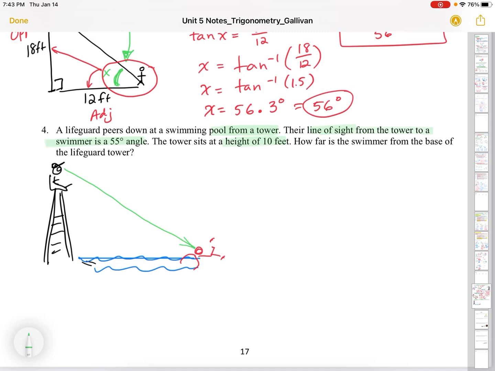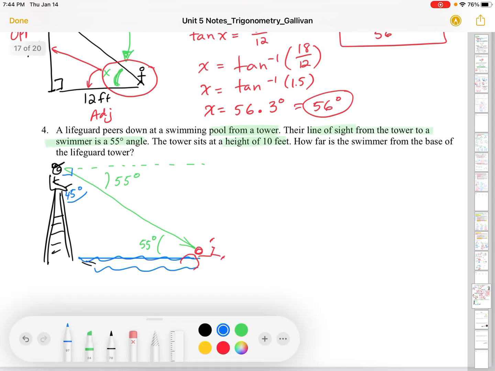Now he's looking down. So that line of sight, it's an angle of depression, so that would be 55 degrees in there. Now, that means this is 55 degrees, or the other thing you can think about is if this is a right angle, 90 minus 55, this is 35 degrees.